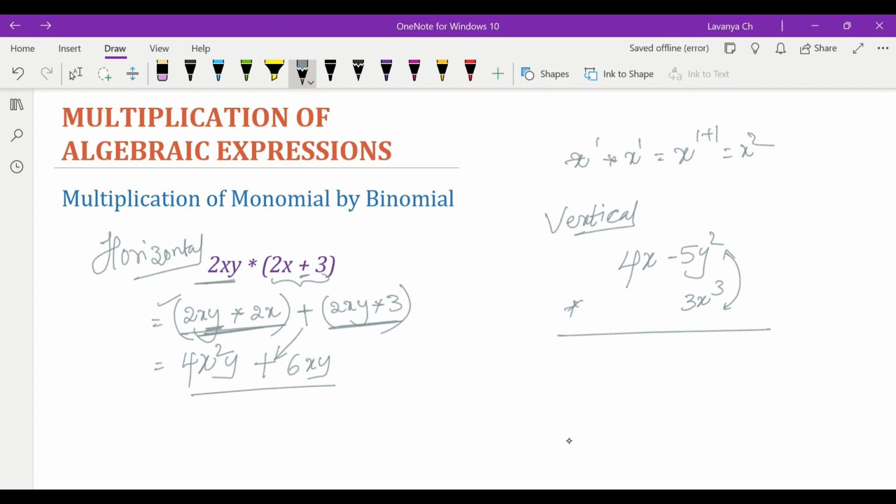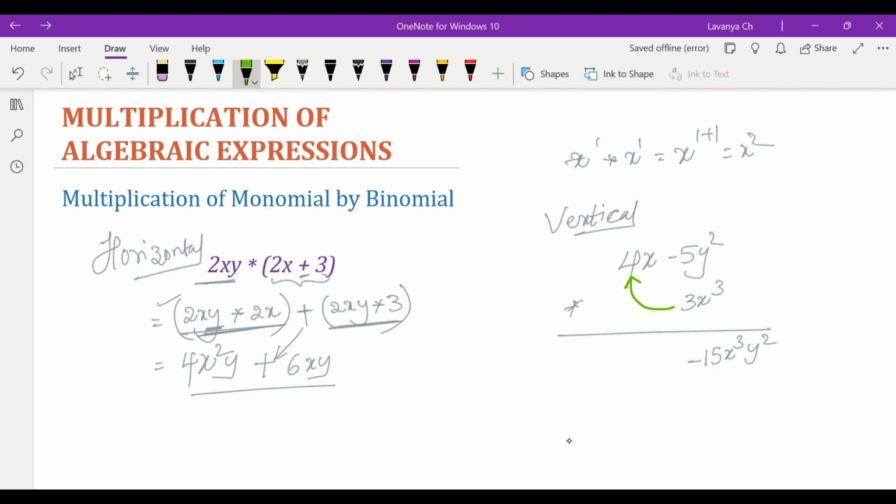First, we will multiply these two terms, that is minus 5y square into 3x cube. Multiply the numerical quotients. Minus 5 into 3 is minus 15. We have x cube here. So we will write it down as this x cube. And this y square, we'll write it down as this y square. Now after doing this, we have to multiply the next term, that is 3x cube into 4x.